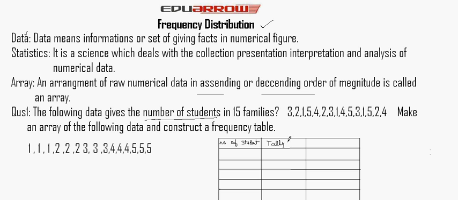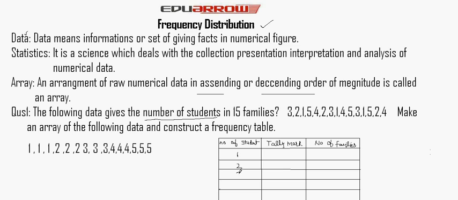And in the third column we take the number of families. First we take number 1, in the second row number 2, and in the third 3, and 4, 5.